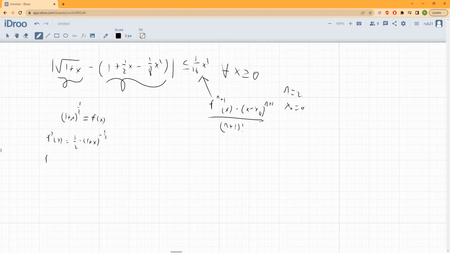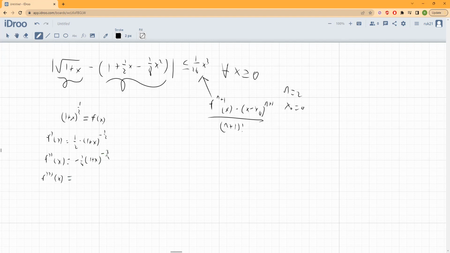And then f double prime of x is equal to negative 1/4 times 1 plus x to the power of negative 3 over 2. Then finally, f triple prime of x.